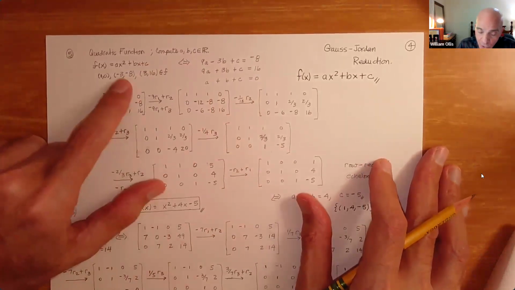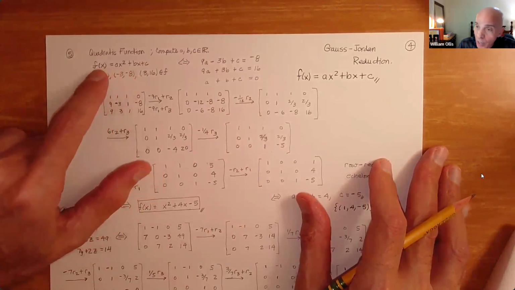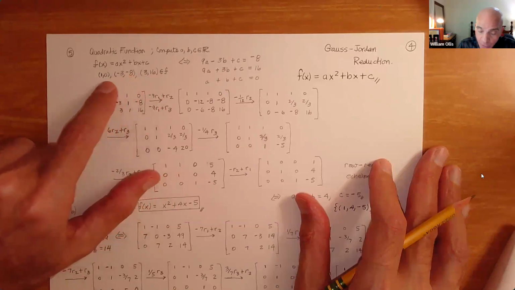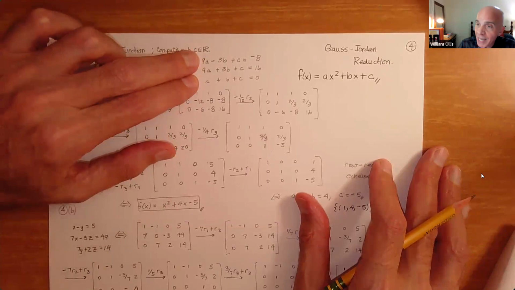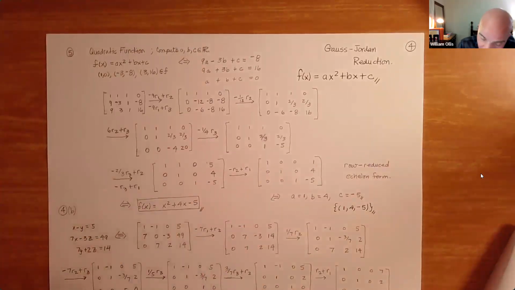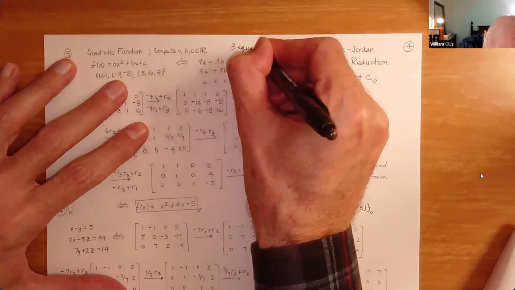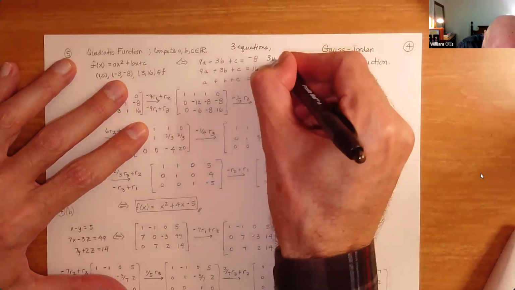This simply utilizes the functional equation for the quadratic and then the values that we have for the x and y coordinates. So now we have what we call a linear system. Let me write that down: 3 equations, 3 unknowns.